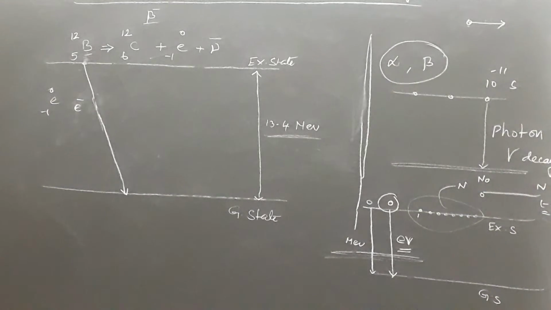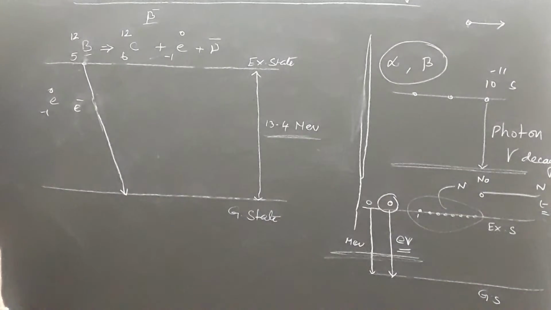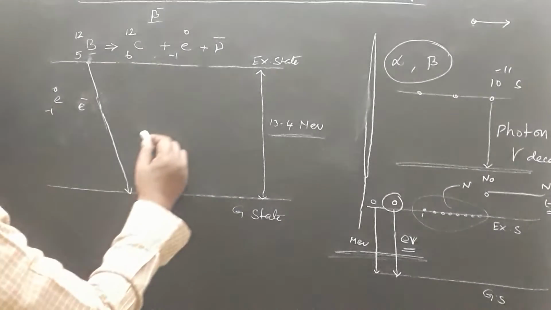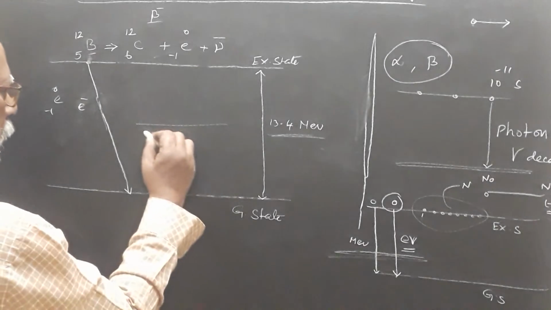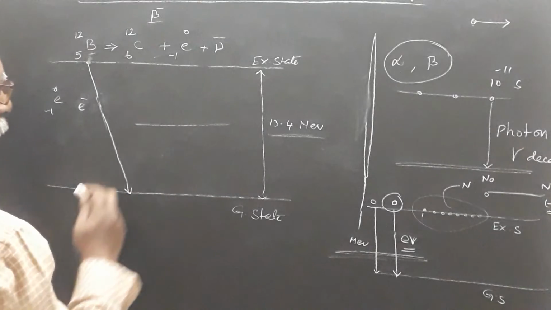Are you clear? Okay. Now, in some other manner it may decay. How? In between the excited state and the ground state, there is a state called the intermediate state.